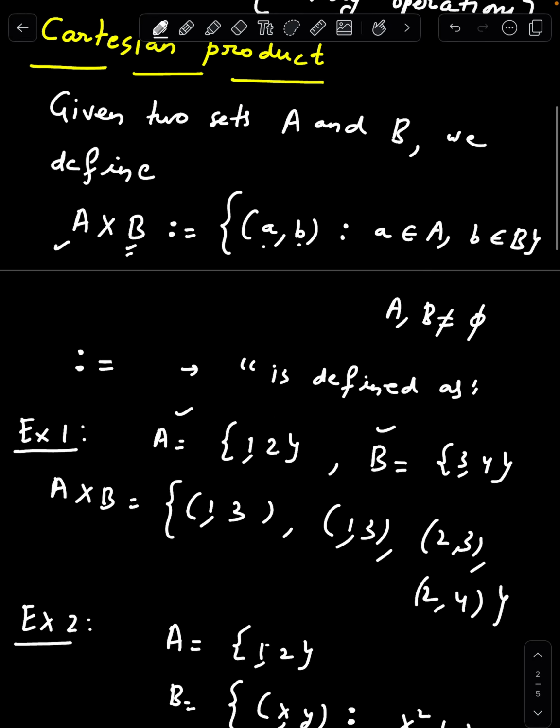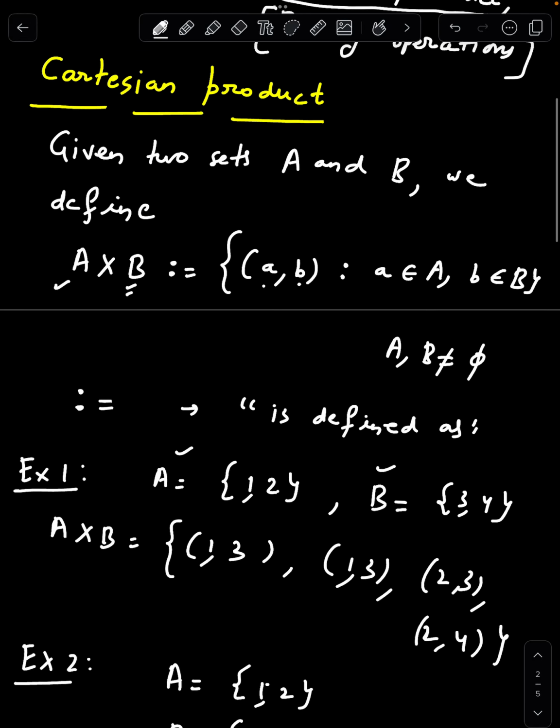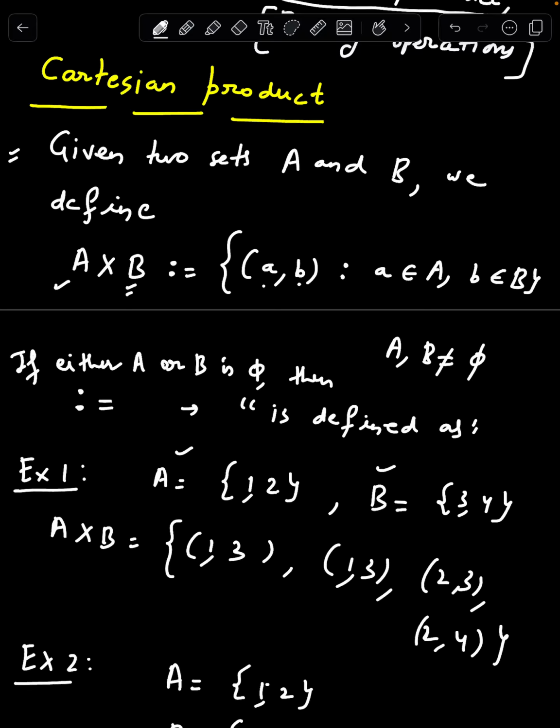Now in this definition, we assumed A and B to be non-empty. If either A or B is empty, then what is A cross B? Then it is defined as the empty set itself.